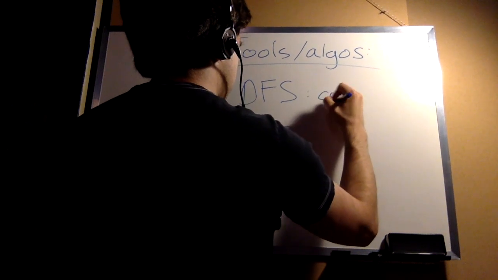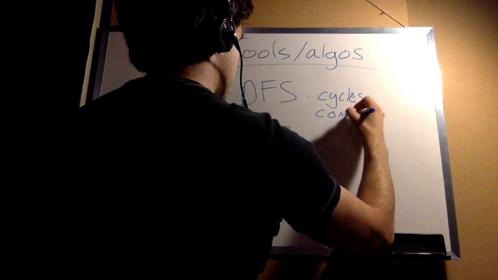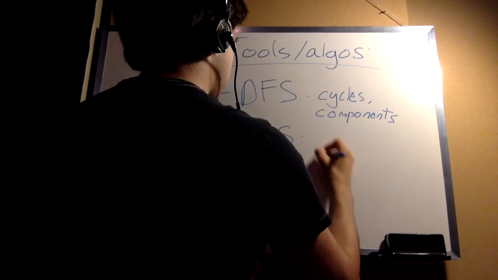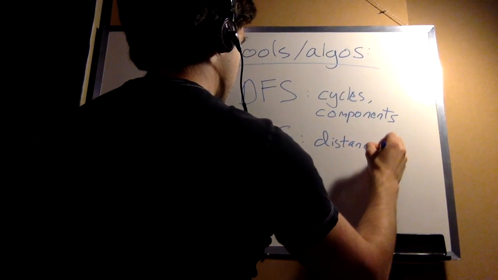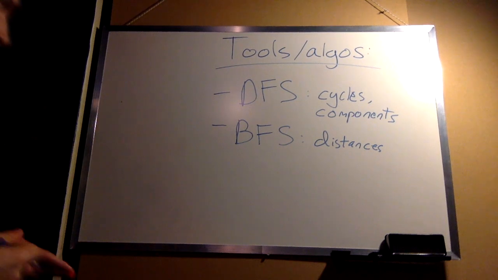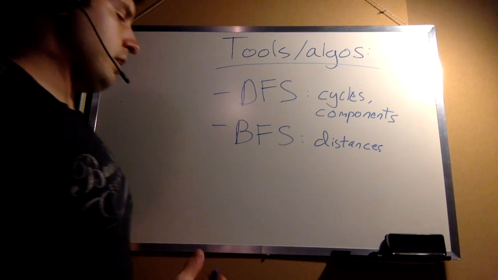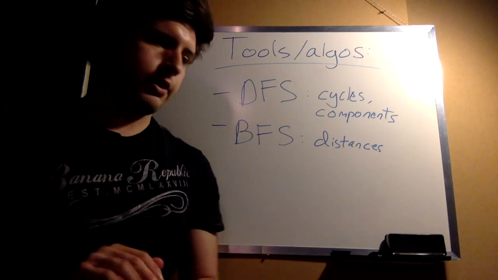Remember, DFS is good for cycles and components, and BFS is good for distances. All right, so let's walk through how we'd solve it with each of these. And this isn't necessarily exhaustive either.